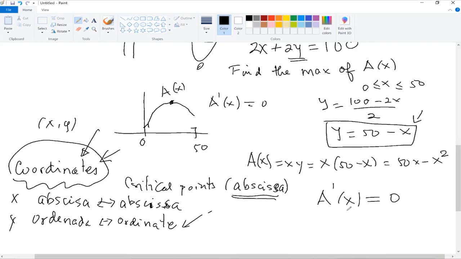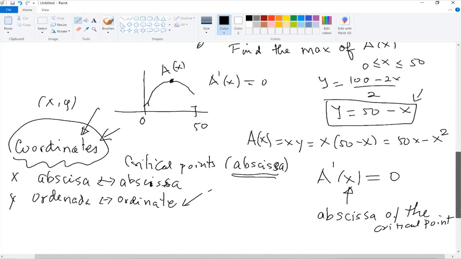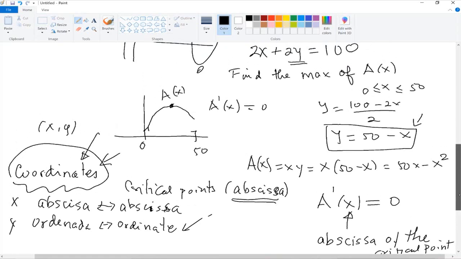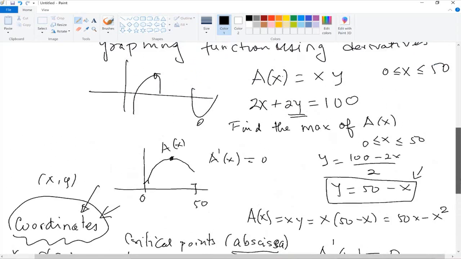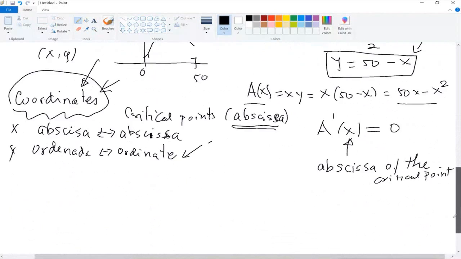Right? Critical points. When I use that, this is not the critical point, it is the x. Then you have to find A prime of x, where A(x) is this one. Then A prime of x is equal to this one, 50 minus 2x equal to 0, then x equal to 25, right?